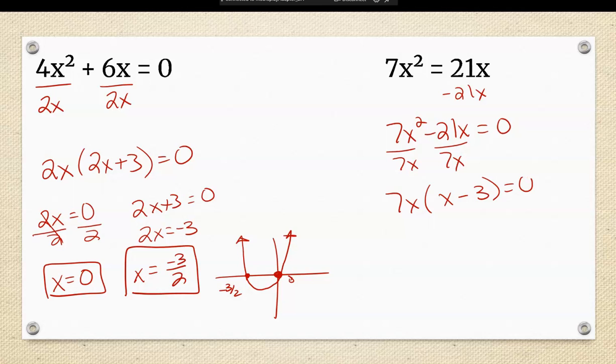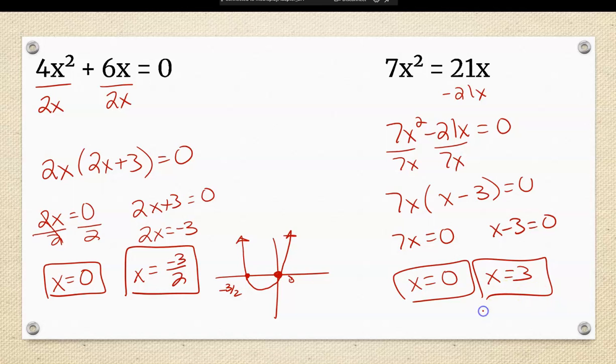What are we going to put equal to 0? There you go. So what are my solutions? 0 and 3. So this one would cross like that.